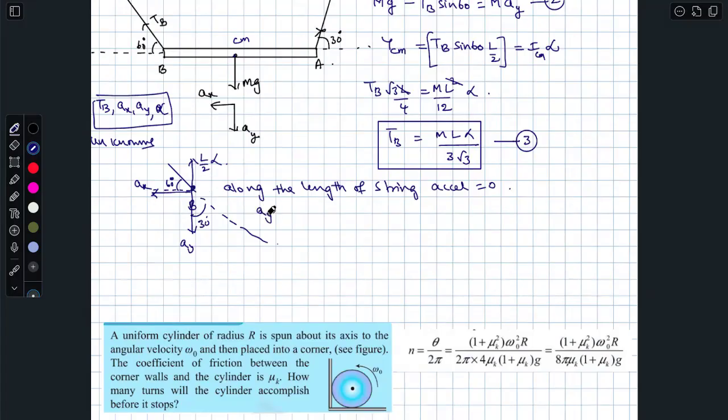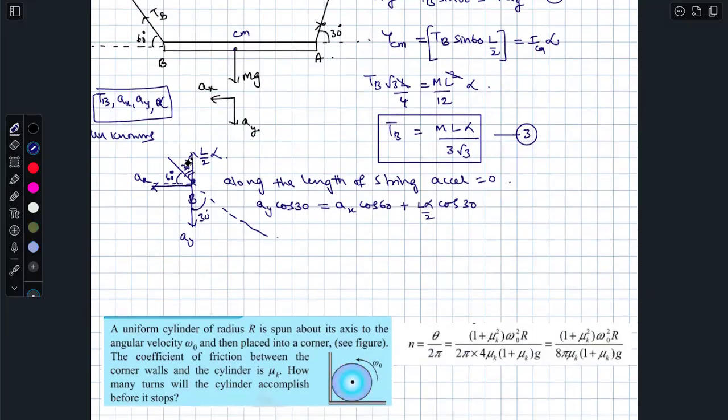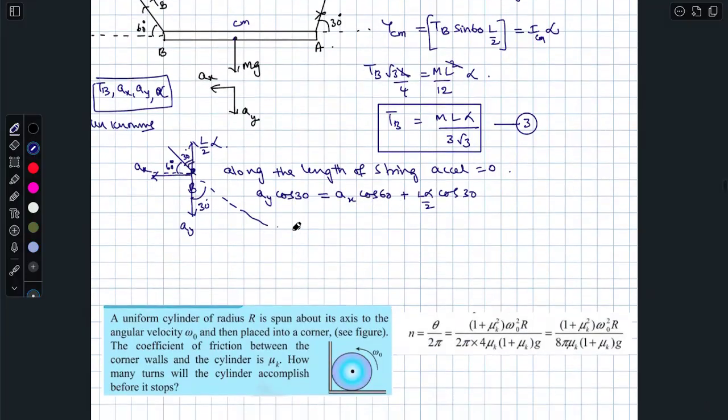So ay cos 30 is equal to ax cos 60 plus L alpha by 2 cos 30. Why? Because this is 30 degrees. So you have the equation root 3 ay is ax plus L alpha root 3 by 2, equation 4.